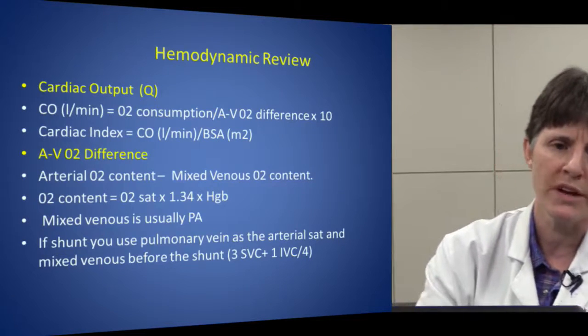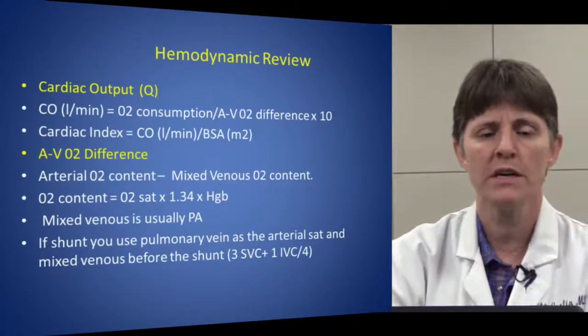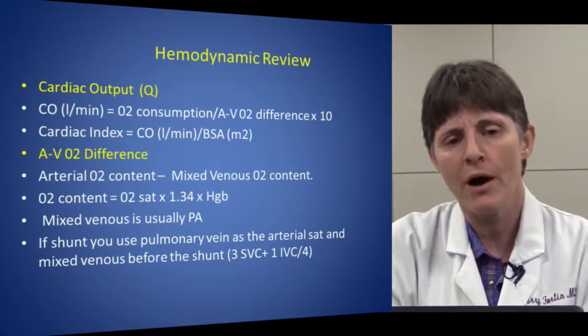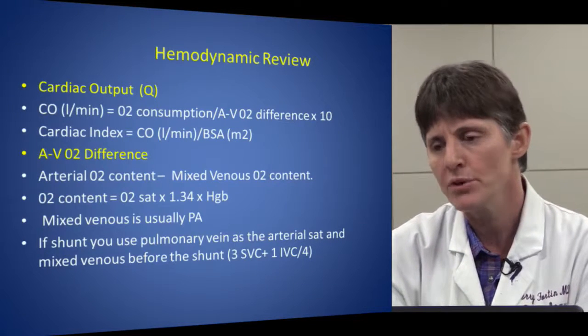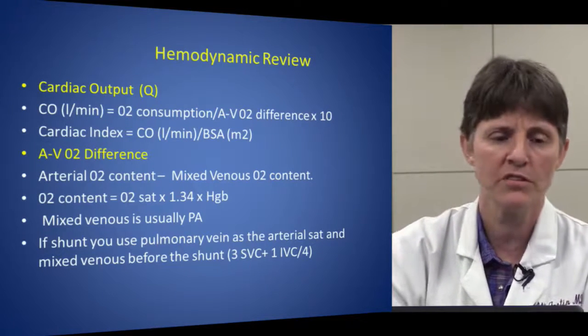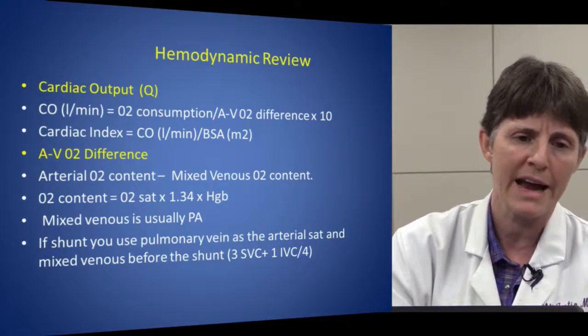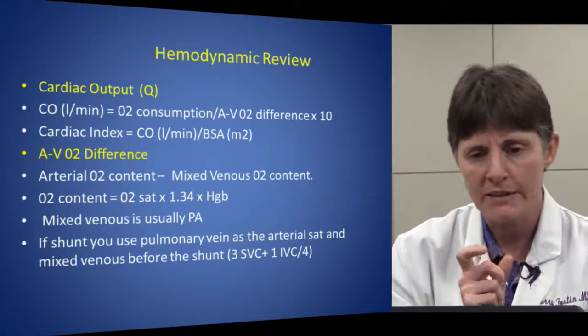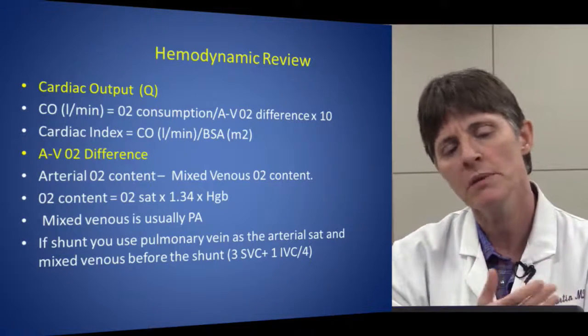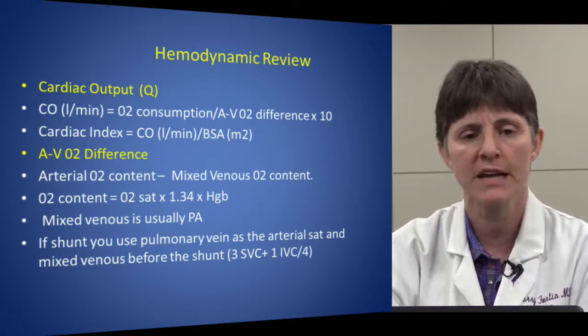Let's review the calculations and the things that we obtain. So cardiac output, and sometimes that's abbreviated as Q, sometimes it's CO, depending on which source you're looking at. We usually measure cardiac output in liters per minute. Again, some equations may use milliliters per minute. You have to make sure you convert everything together.